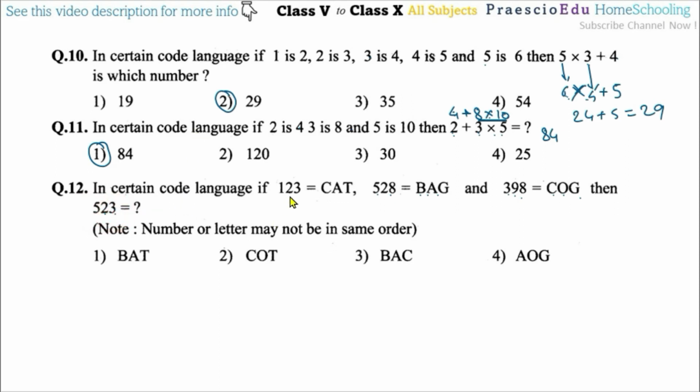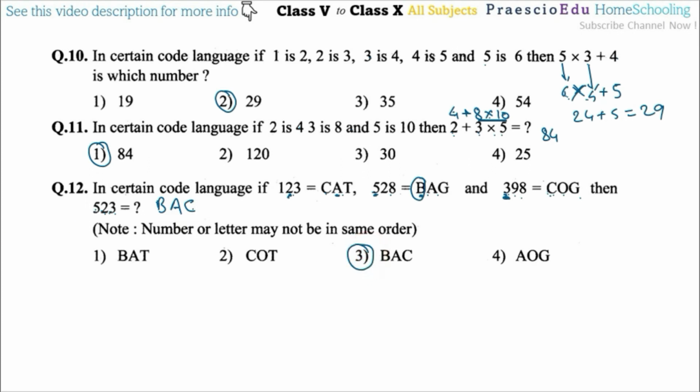So we have to find out here 5 2 3. 5 means this value we will find out, then 2 means this value, and 3 means this value. So 5 means here the B, so we will write B first, then 2 is given as A, so A, and 3 means C, so here BAC.